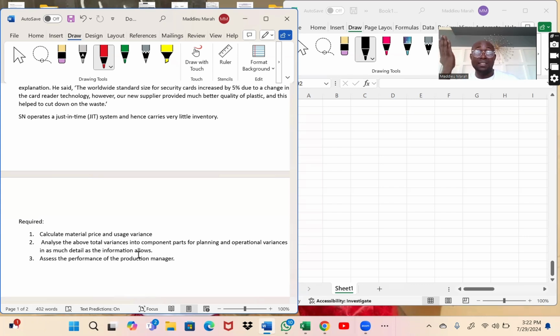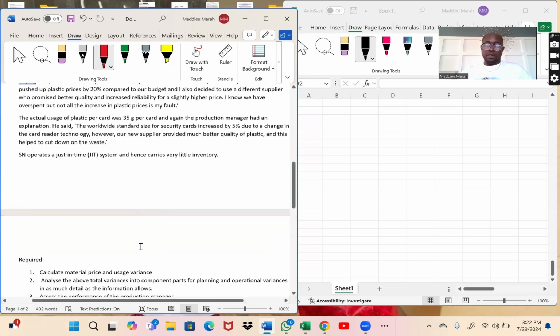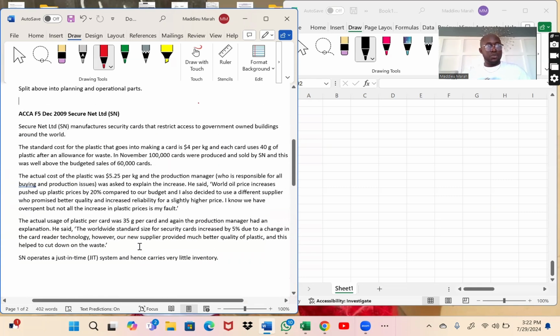Other than that, the production manager is responsible for the production at the factory. He's not responsible for buying material. So price variance will not be attributable to the production manager. Take note of that. Right? Okay. So let's see how the question goes.